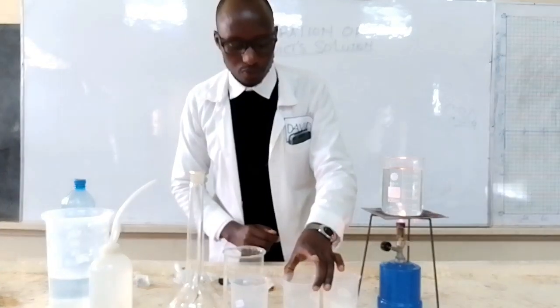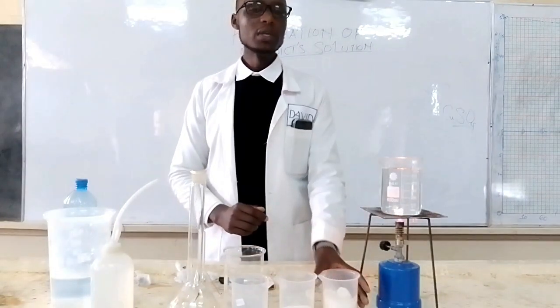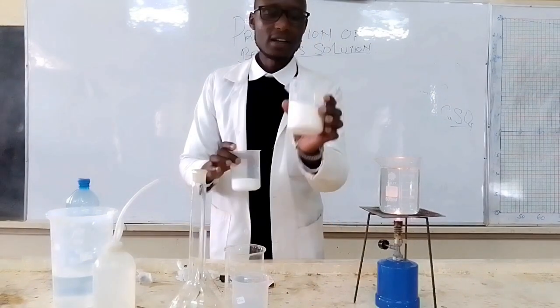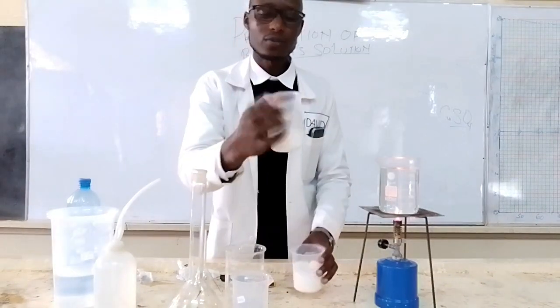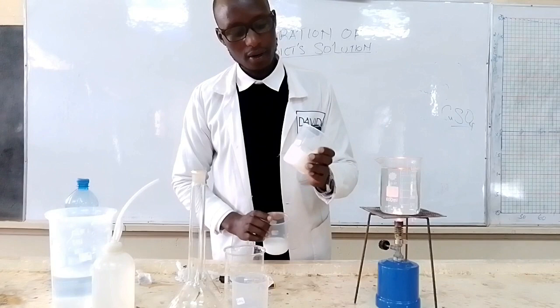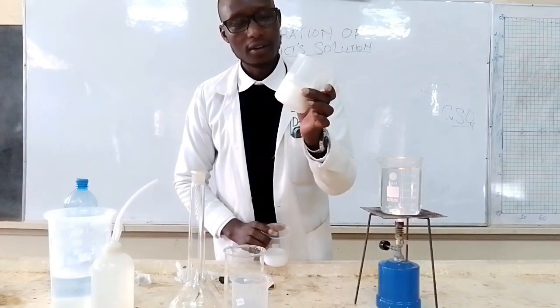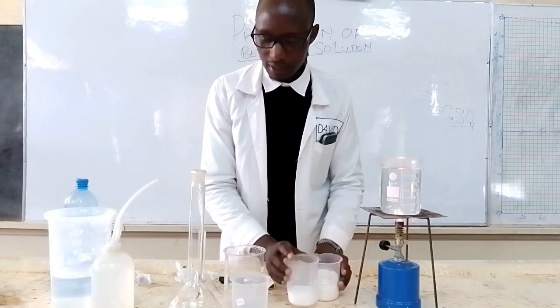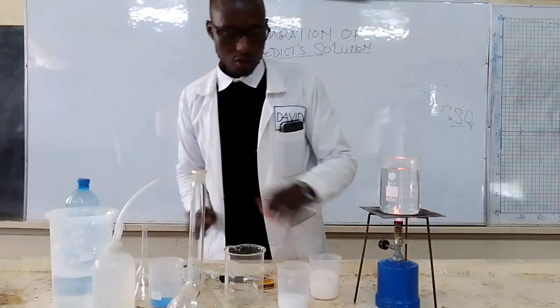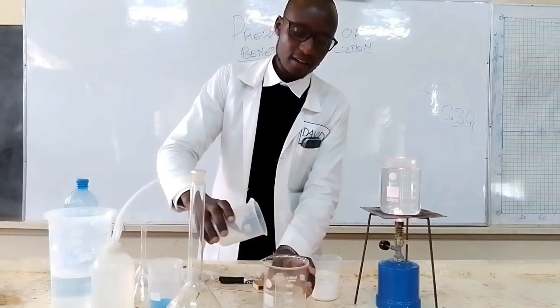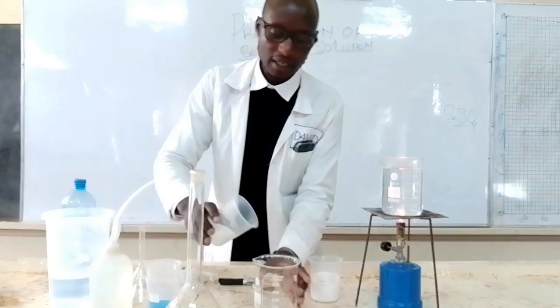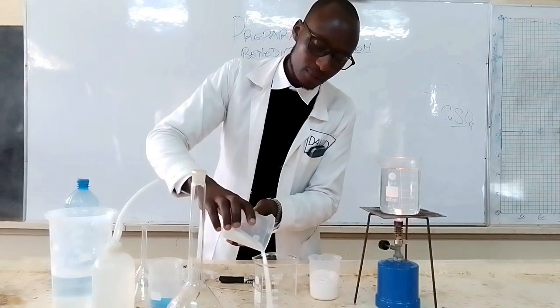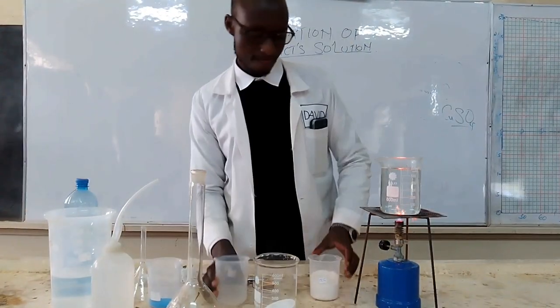So what you do is you mix the two. You take 100 grams of sodium carbonate and 173 grams of sodium citrate, and then you mix the two in one beaker. This is a 600 ml glass beaker. So that is what I'm going to do there.